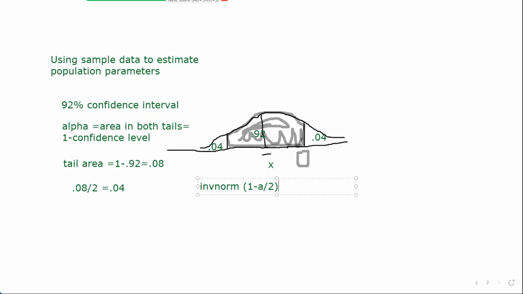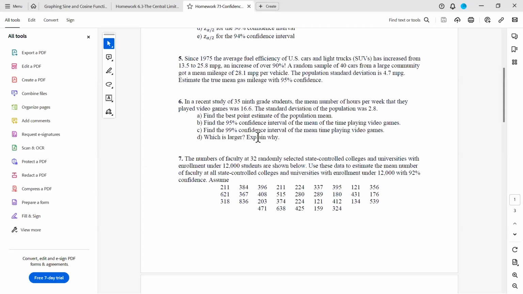So if you go back to the homework here, and it says, in a recent survey of 35 ninth grade students, the mean number of hours per week that they played video games was 16.6. The standard deviation for the population was 2.8. Okay. So what is my 35 here? Sample size?